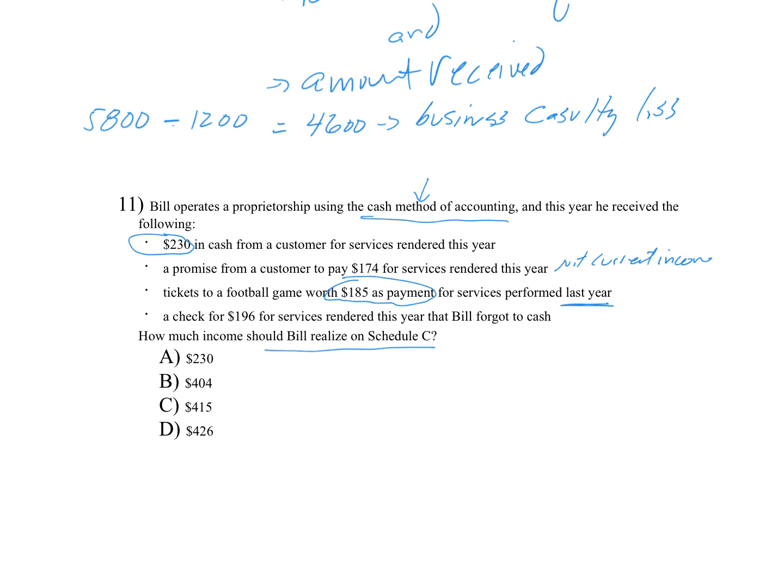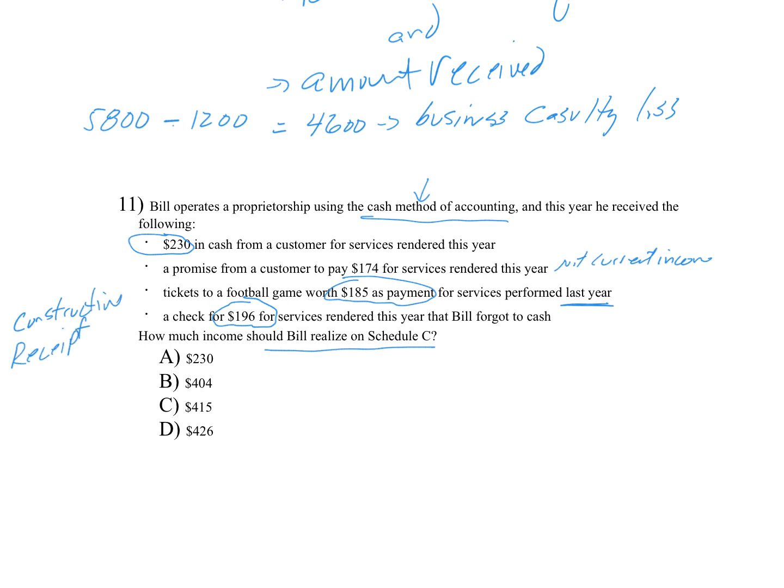A check for $196 for services rendered this year that Bill forgot to cash. All right. So what do we know about this $196? Well, he had the ability to control that payment. Since he had the ability to control that payment, this is constructive receipt.